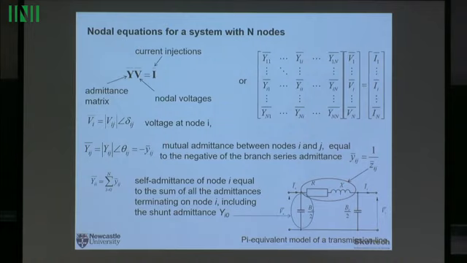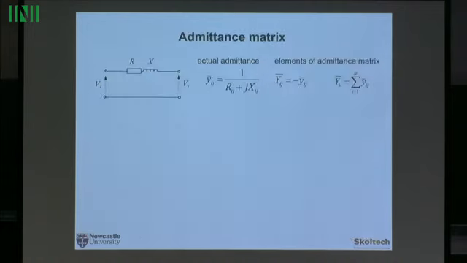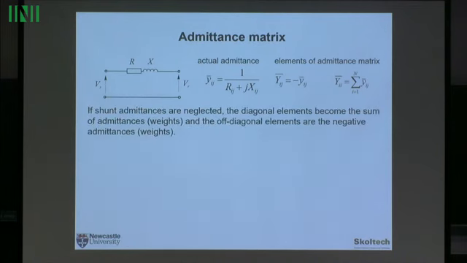If you form those equations, first a few words about the admittance matrix. Once again, let's forget about capacitances for a moment. If this is the model of the transmission line, the actual admittance of the line will be 1 over the impedance, R plus jX.